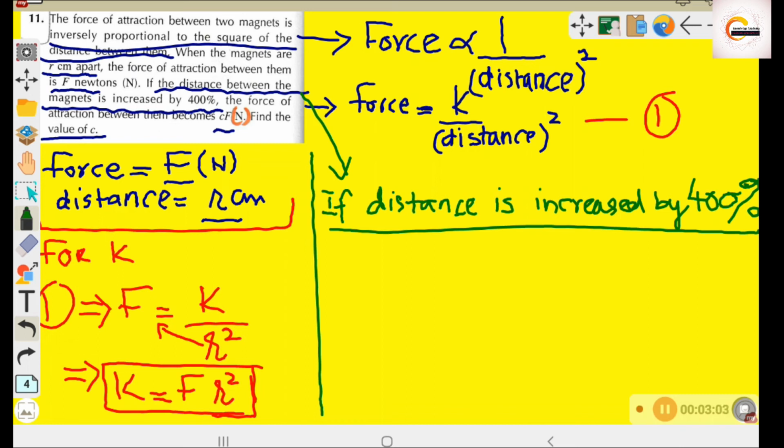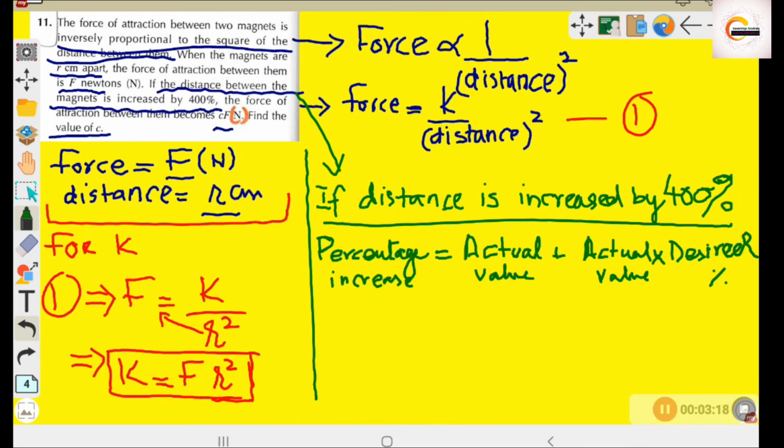But for now, I am just going to write the formula to figure out how to calculate the percentage increase in a certain value. So percentage increase is equals to actual value plus actual value into desired percentage.